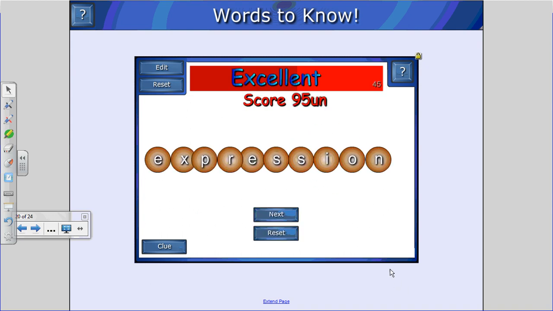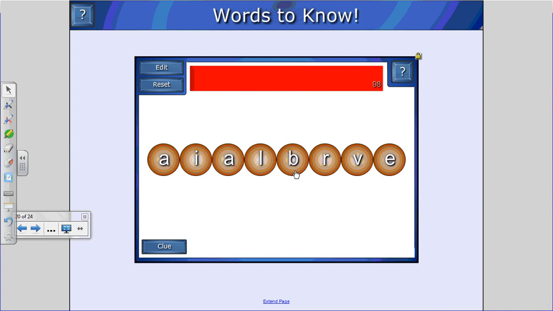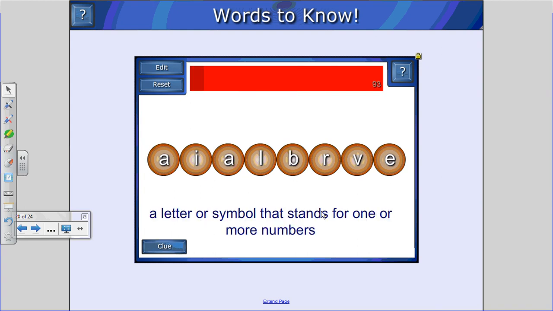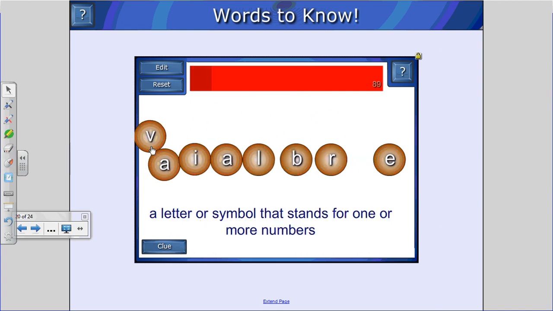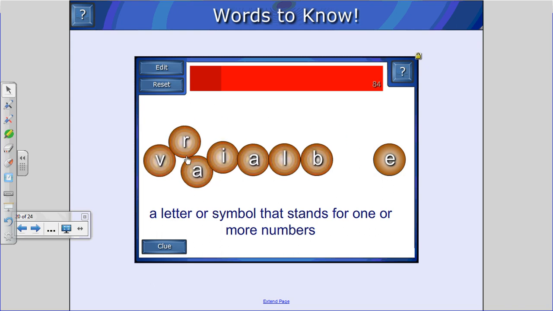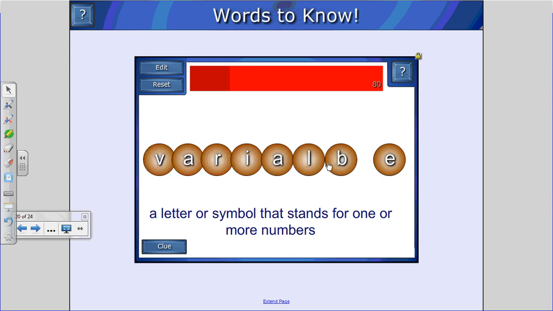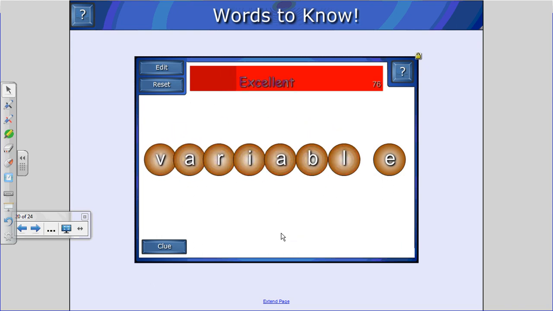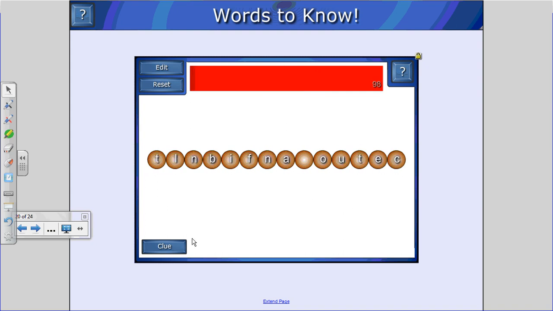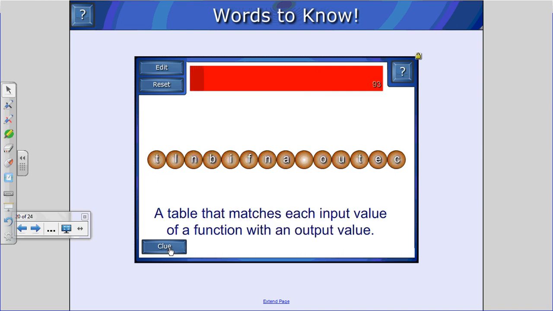Expression. Good. Clue: a letter symbol. Yes, variable. You've got to know how to spell. It's pretty funny. This looks really long. A table that matches each input and output. Remember, it's a function table.